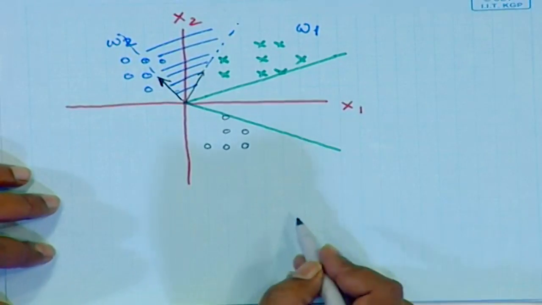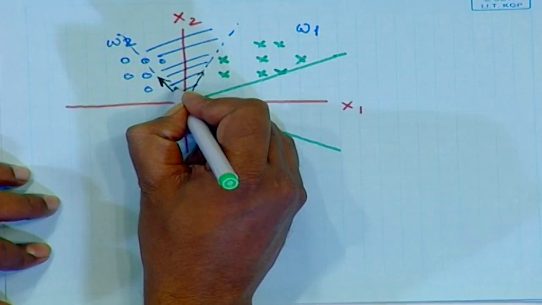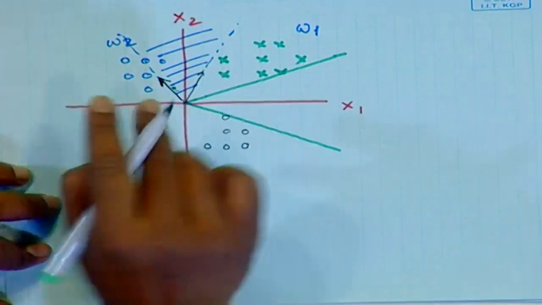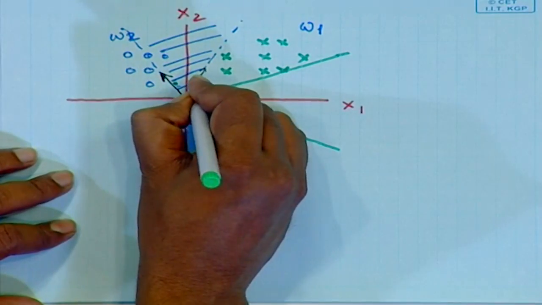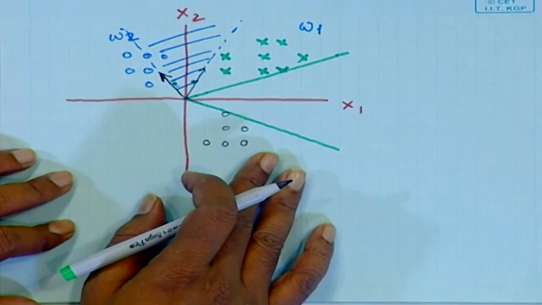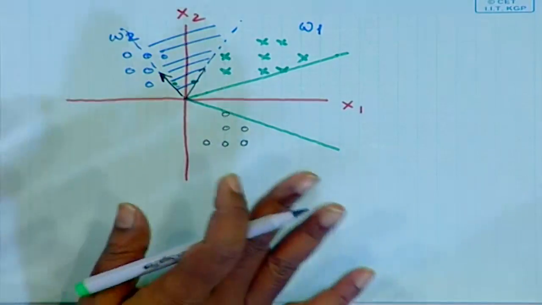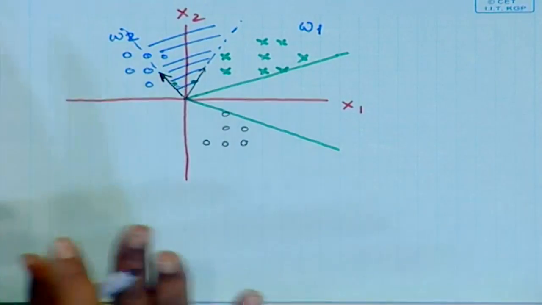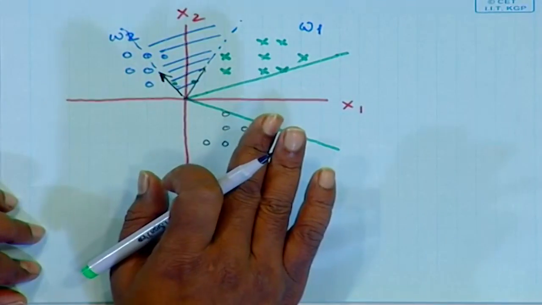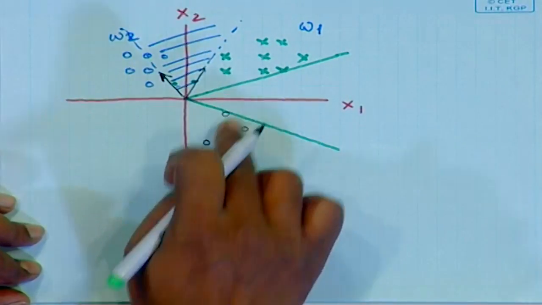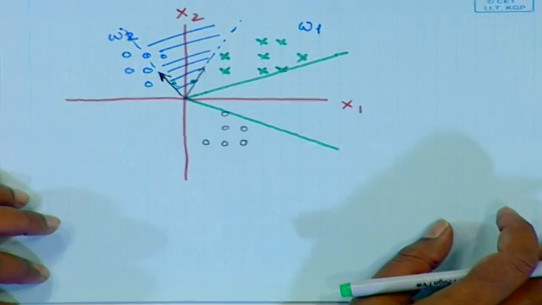What is the problem? If at convergence I get a weight vector somewhere over here, just within the solution region, or somewhere over here, which is also just within the solution region, still my algorithm will converge, and for these training samples I get a weight vector which properly classifies these training samples. Okay.